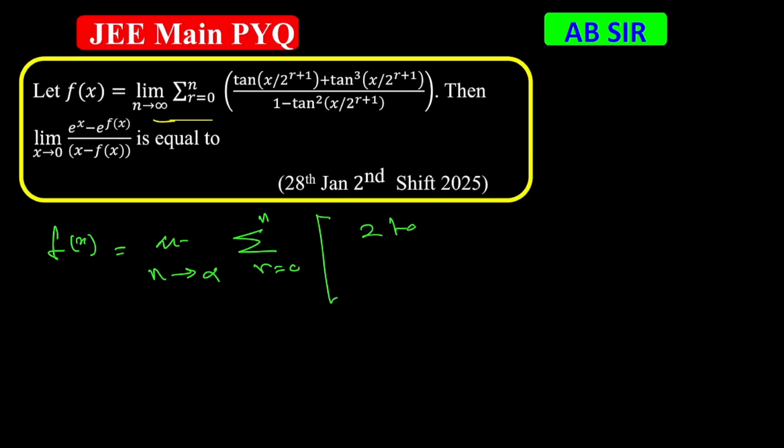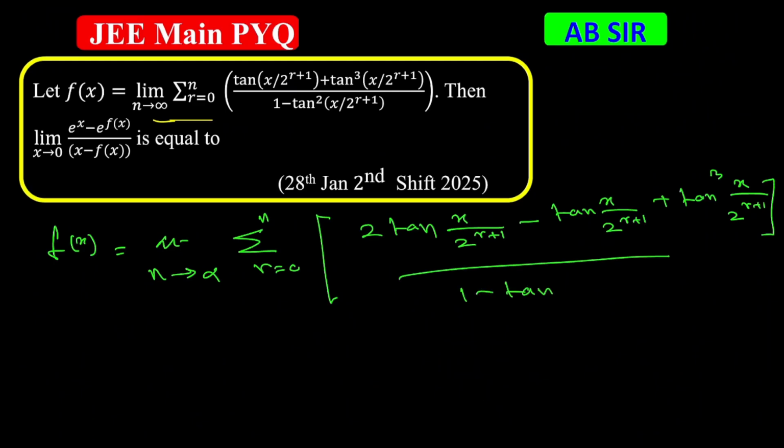So 2 tan x by 2 to the power r plus 1 minus tan x by 2 to the power r plus 1, I am writing 2 tan theta minus tan theta, plus tan cube x by 2 to the power r plus 1 divided by 1 minus tan square x by 2 to the power r plus 1.